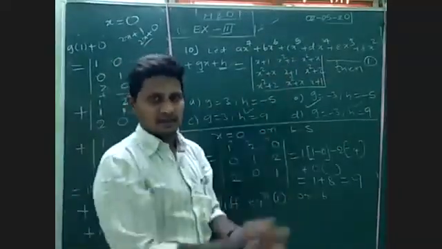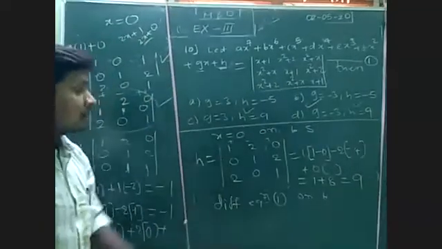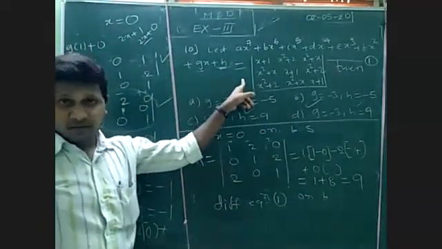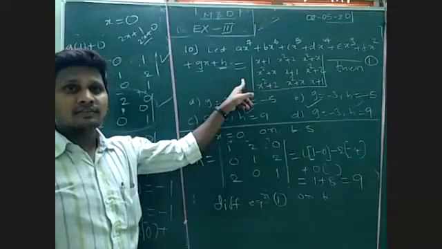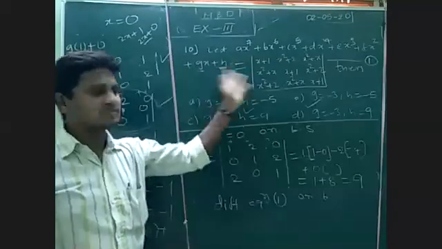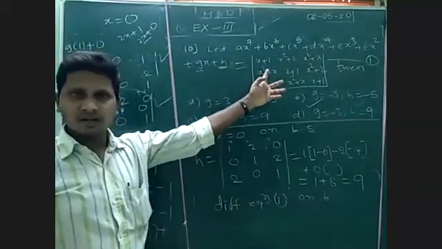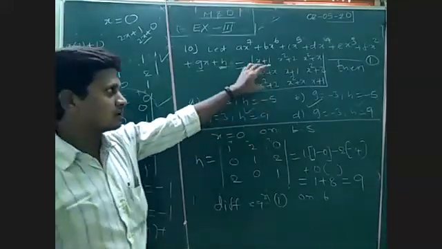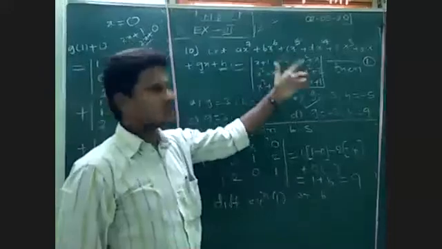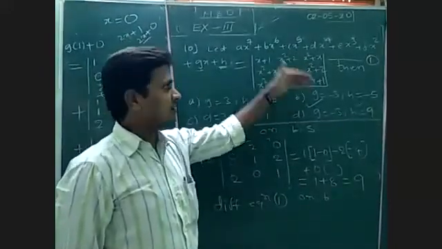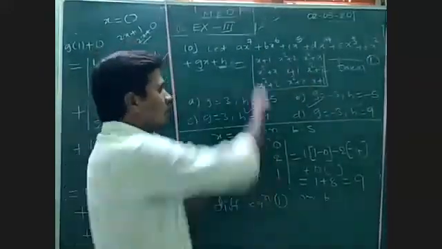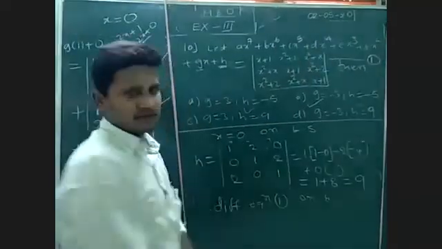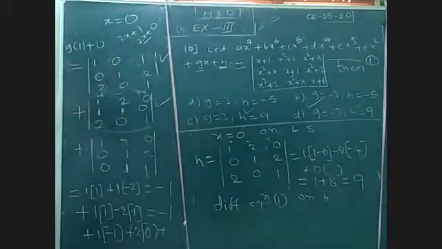Integration is again different. This is also a concept related to NCERT. NCERT has given this type of question on differentiation, but NEET students should also remember how to differentiate the determinant. We can differentiate row wise, or else column wise. That is also right. Finally, the g value is minus 3 and the h value is 9.